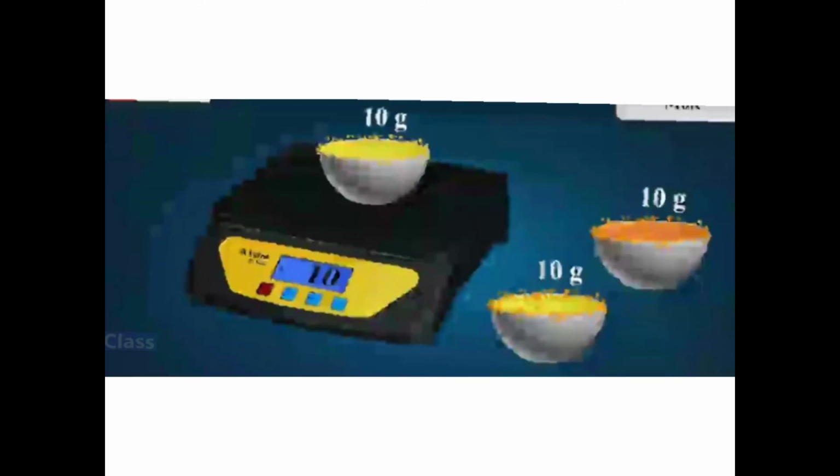So when I am taking 10 grams of each, now just roughly tell me, the number of grains of masoor dal will be equal to the number of grains of tur dal? It will be the same because both are 10 grams.